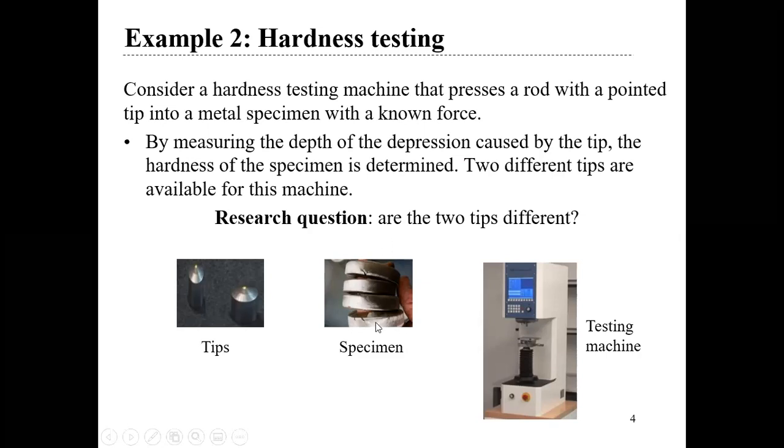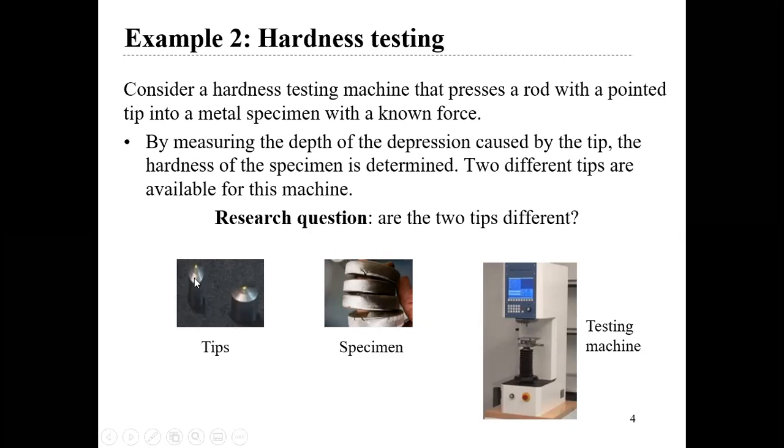maybe these specimens are different in terms of hardness. Some of them are very hard, some of them are not hard. So maybe, I know the probability is small, but maybe when I assign the specimens for this one, I assign very hard ones, and this one gets soft ones.